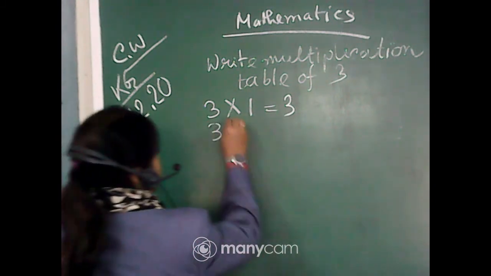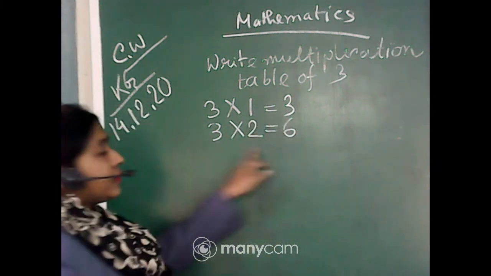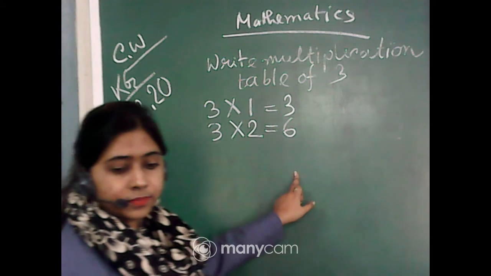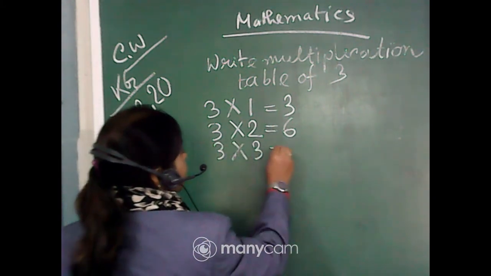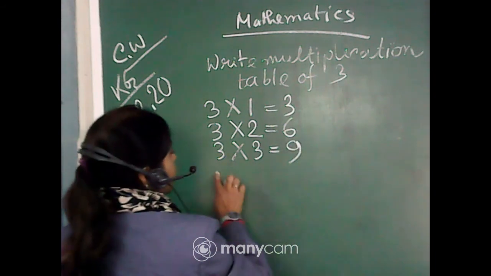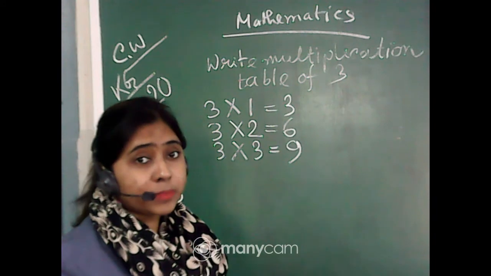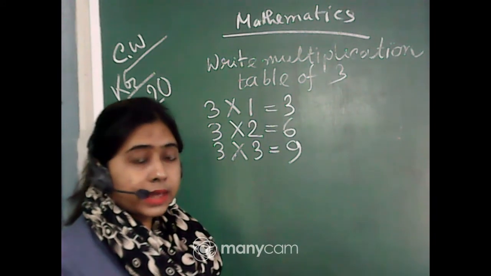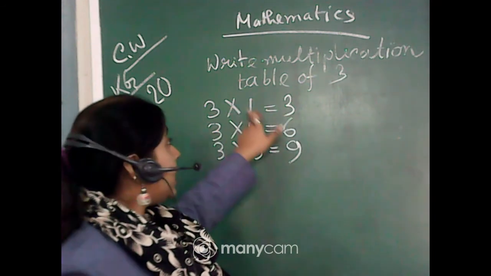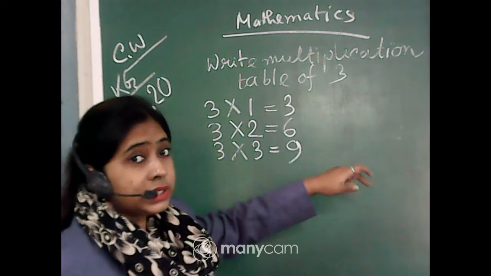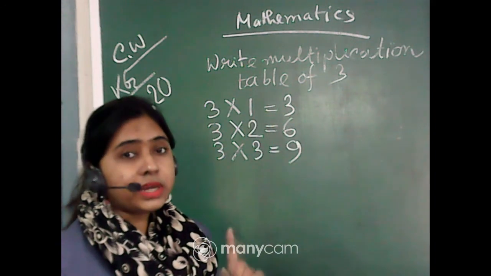Next, 3 multiplied by 2 is equal to 6. 3 twos are 6. 3 multiplied by 3 is equal to 9. 3 threes are 9. All of you write in this manner. As I do, first I have written 3 multiplied by 1 is equal to 3. Then I am repeating, 3 ones are 3. You are doing like this.